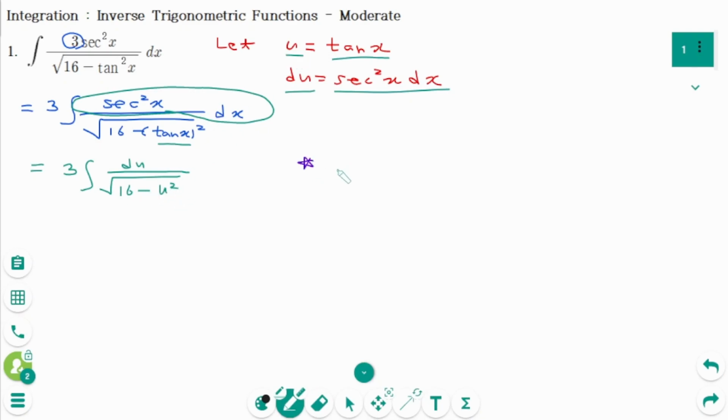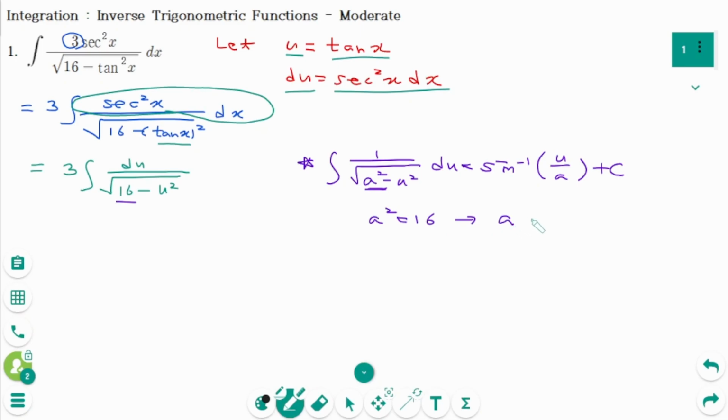Then use the integral of 1 over the square root of a squared minus u squared du equals arc sine of u over a plus c. In here, a squared is 16. That means a equals 4.